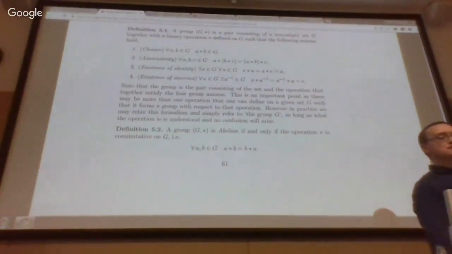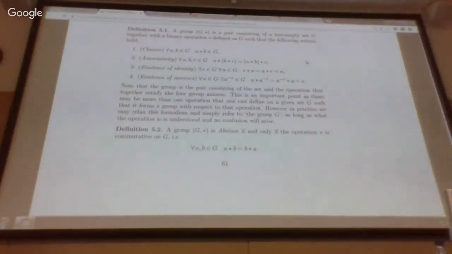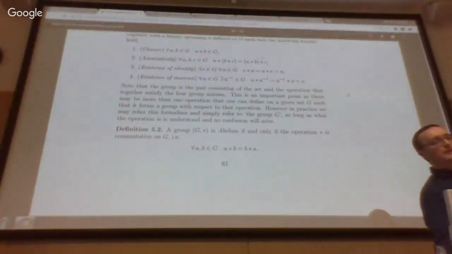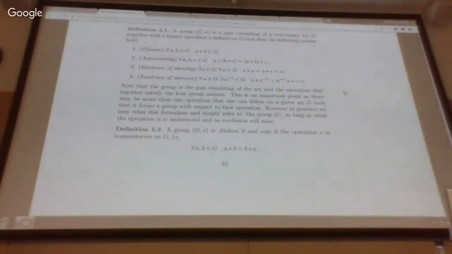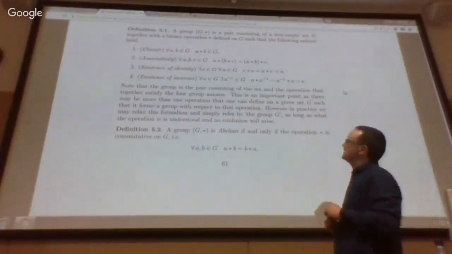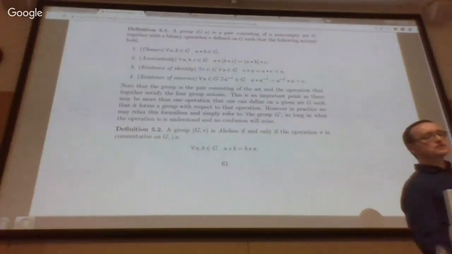So there exists some special element in the set such that for every A in the set G, E times A, the product of E and A, is equal to the product of A and E, and that's equal to A. The fourth condition is the existence of inverses. That says for every element A in the set, whatever element A you look at, there will exist another element.